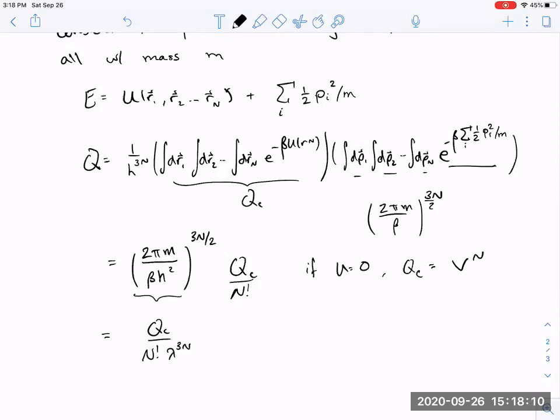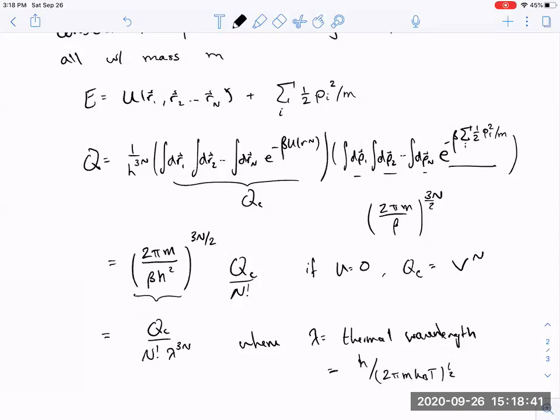This lambda, the thermal wavelength, is equal to h, Planck's constant, over the square root of 2 pi m kB T. And indeed, you can see that it must have units.